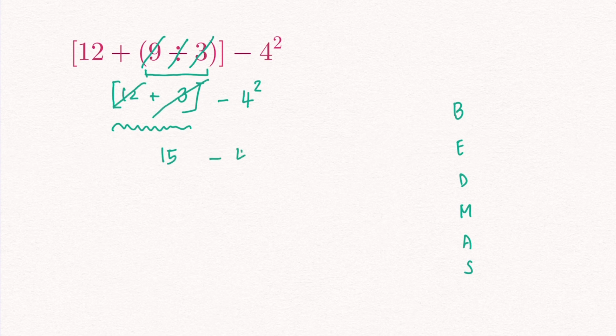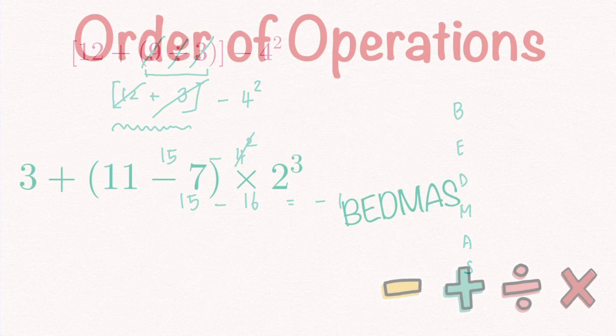And minus 4 squared. We see an exponent, so that's next right here. 4 squared is 4 times 4, so that equals 16, so that's gone. And the 15 minus needs to move down. 15 minus 16 will give you a negative number, and the answer is -1.